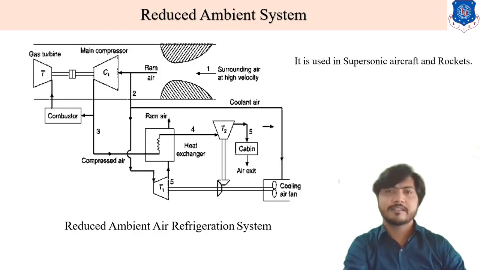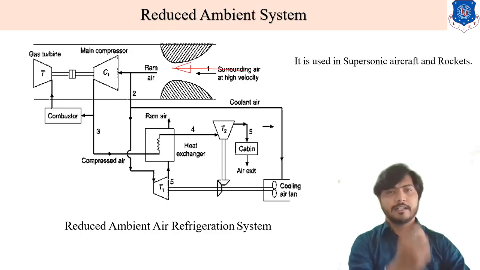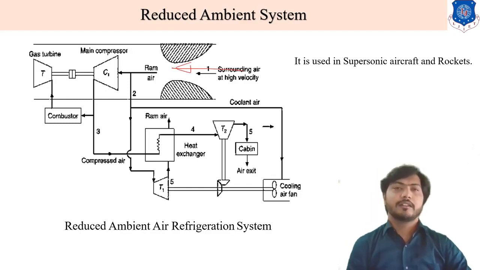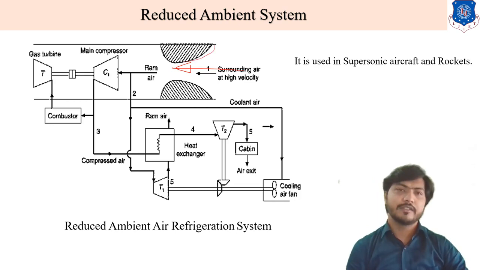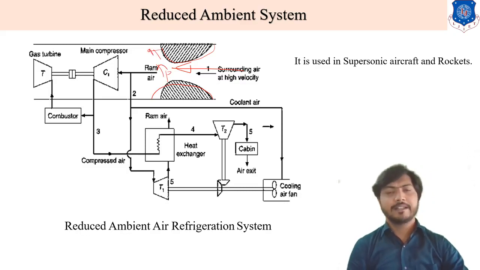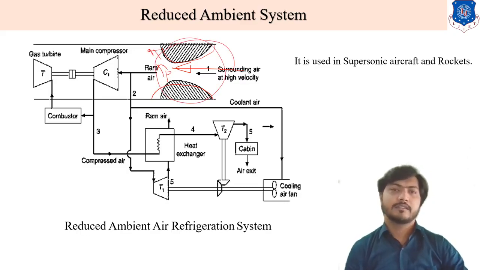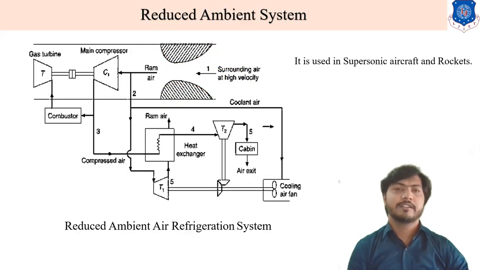In the reduced ambient system, the surrounding air at high velocity comes inside the ducts. This is our diffuser, it has the shape of a diffuser. So pressure increases, temperature increases, and this component works as an isentropic compression.